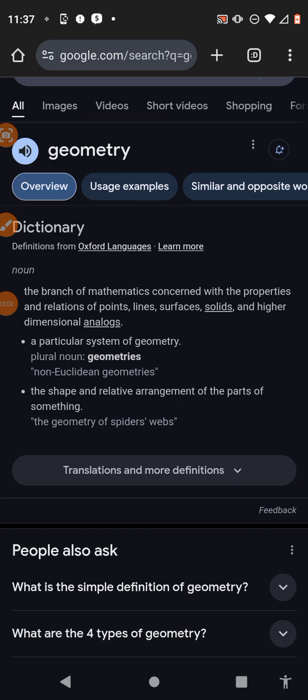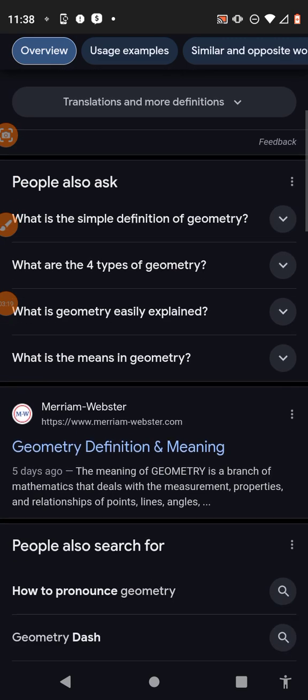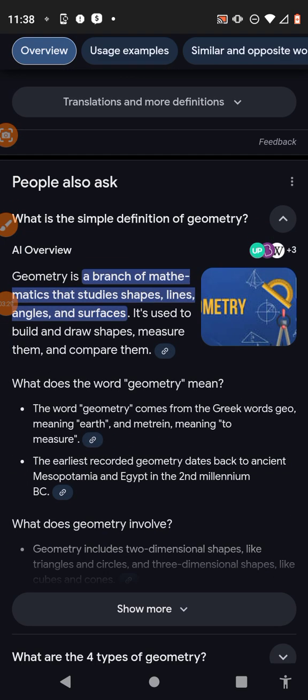Geometry is the branch of mathematics that studies the shapes, lines, angles, and surfaces. It's used to build and draw shapes, measure them, and compare them.